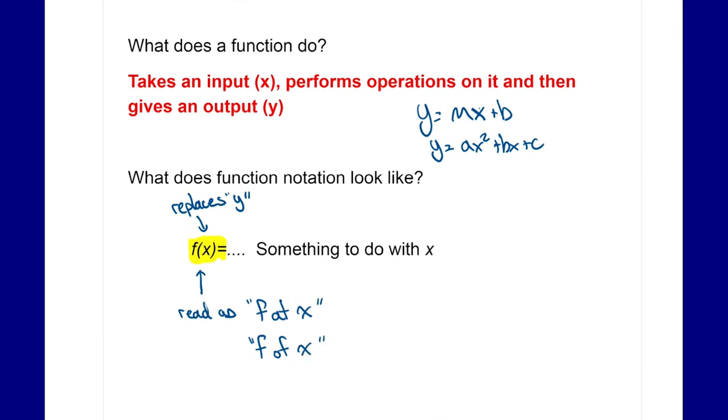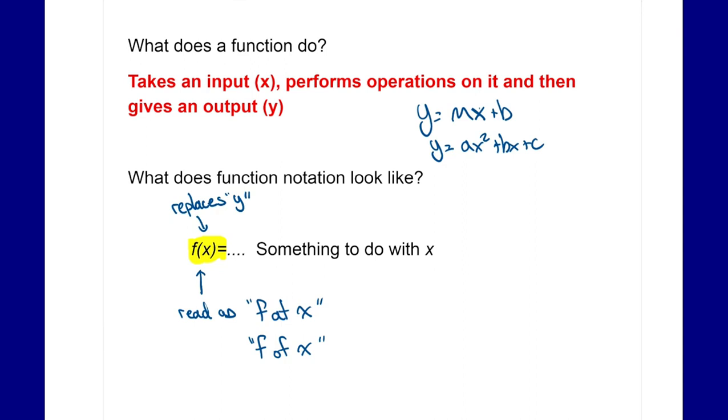So the f of this x value is blank. The function at this x value is equal to. That's essentially what it's saying.